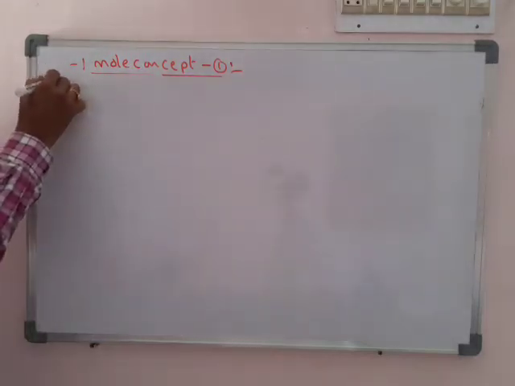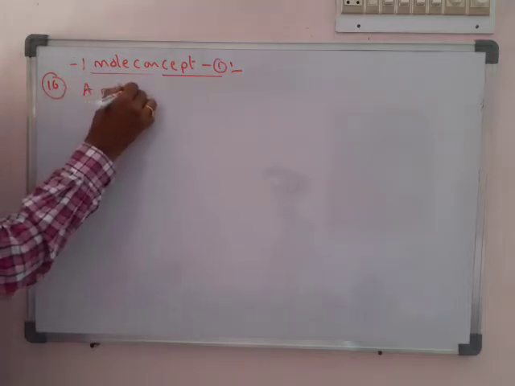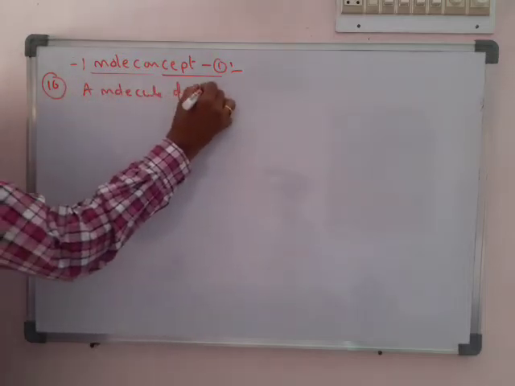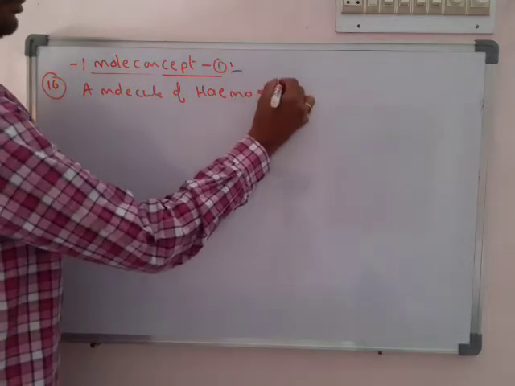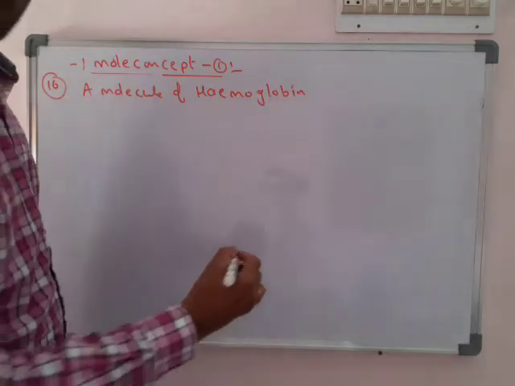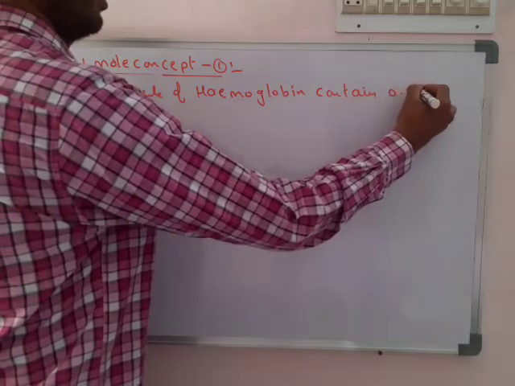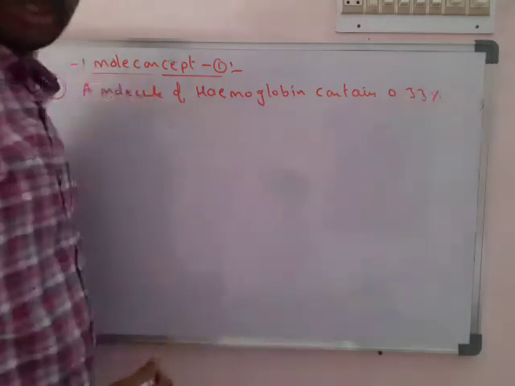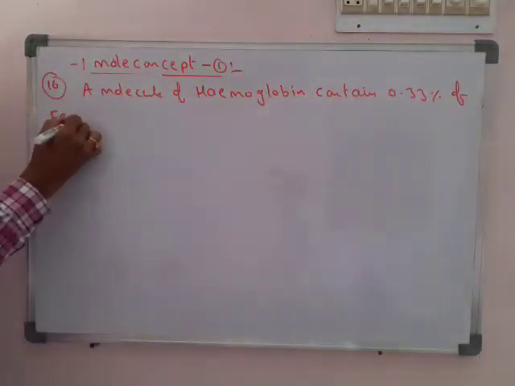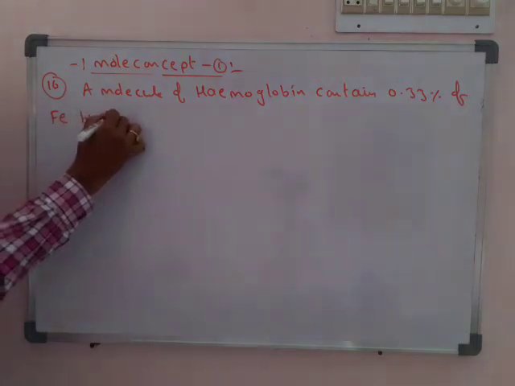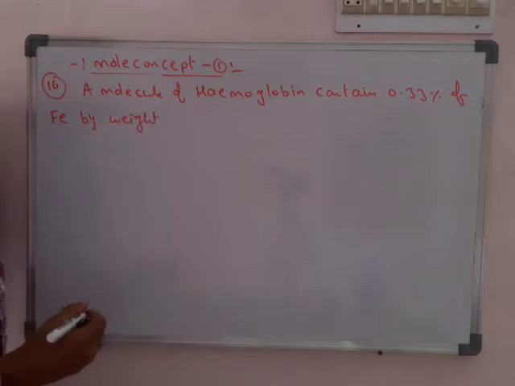Let's see one more. A molecule of hemoglobin contains 0.33% of iron by weight, means 0.33% is given in terms of weight.